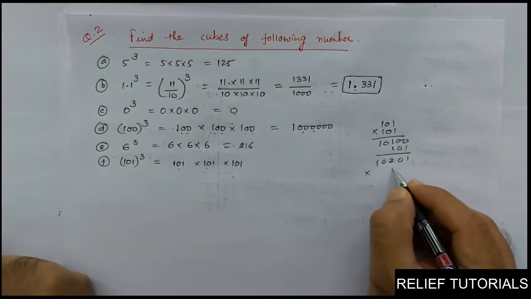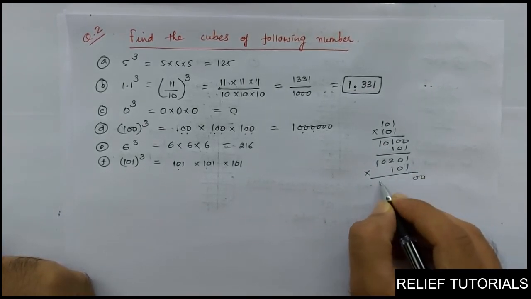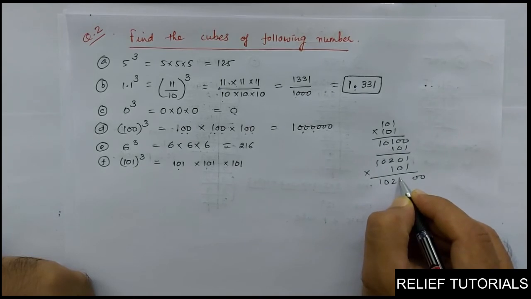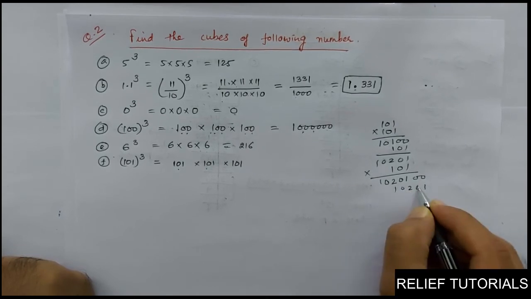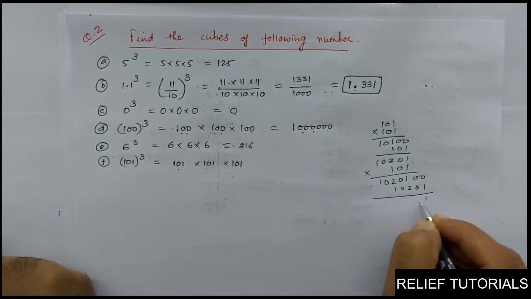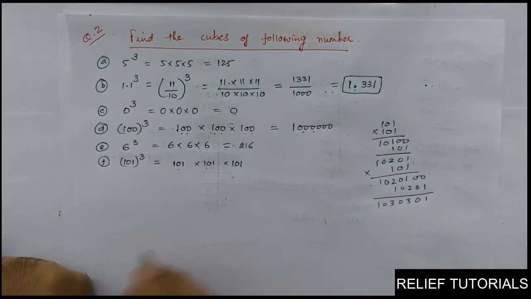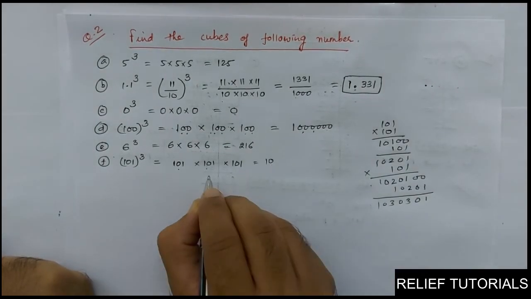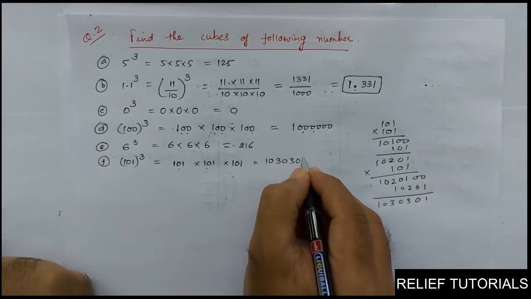Still this number should be multiplied by 101. 10201 into 101 is 1030301 like this. So it is 1030301.